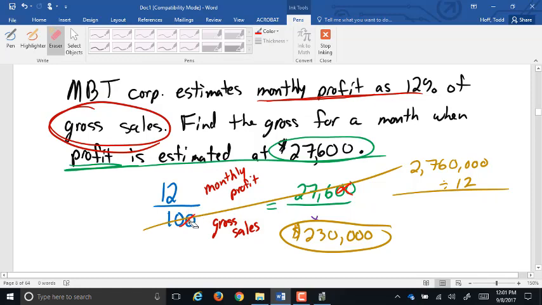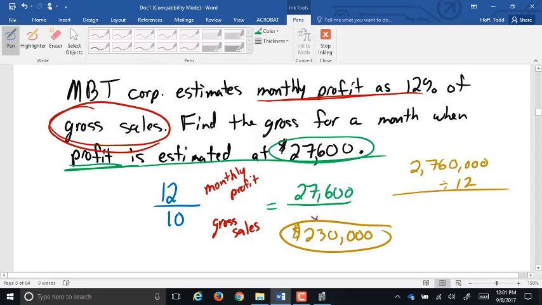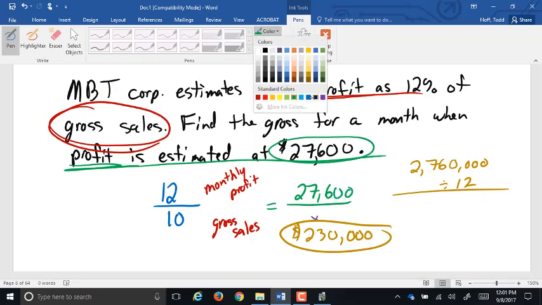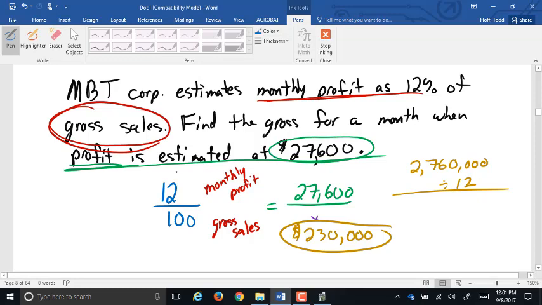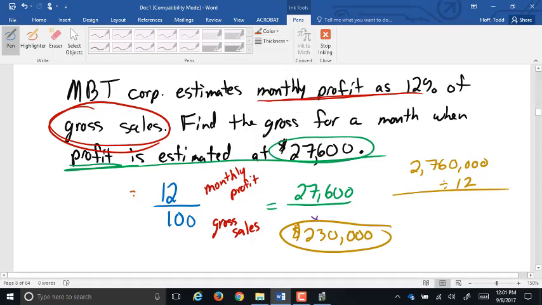I spoke ahead of myself there. In this case, we can't cross cancel because we're not multiplying the fractions, we're just multiplying the numbers. I could reduce within the fraction, the 12 and the 100, to 3 over 25, but I can't cross cancel like I can when I'm multiplying fractions. There will be some examples when we do dosage calculations where you can because you're multiplying, but here it's not multiplying, it's equal.